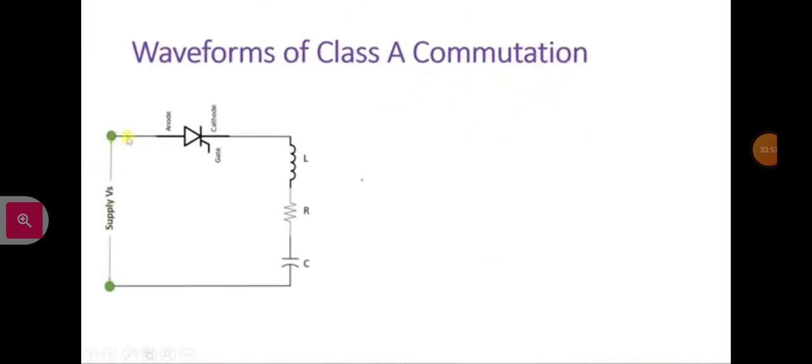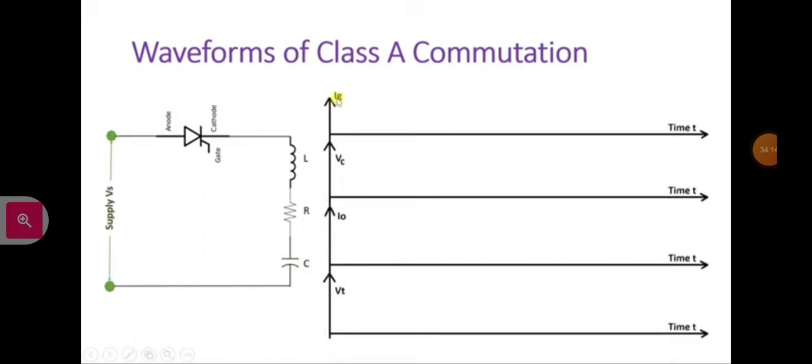So here, as I have told you, in the circuit that you can see, this SCR is connected with L, R and C, where R is the load and L and C are the commutating elements. To understand this, I am showing you the gate current IG, capacitor voltage, load current, and thyristor voltage VT.